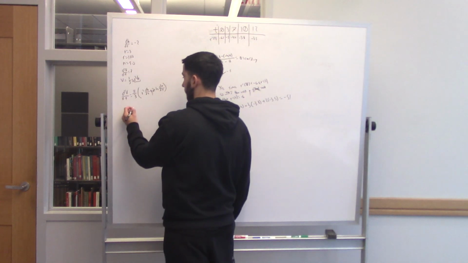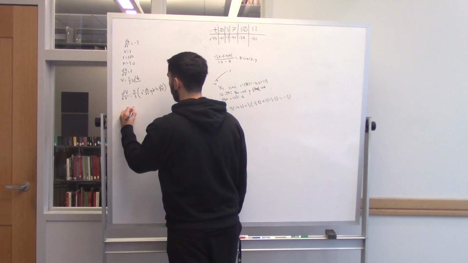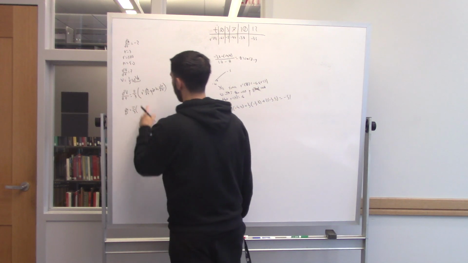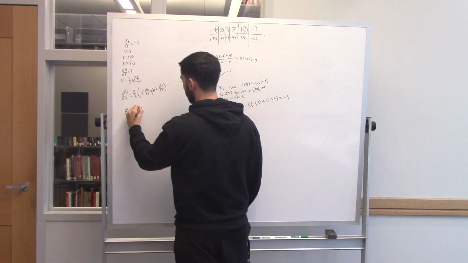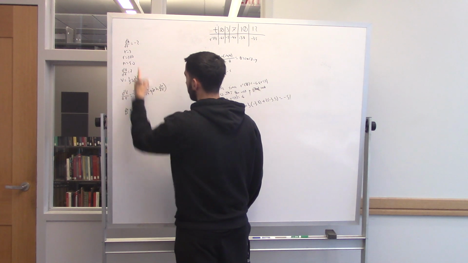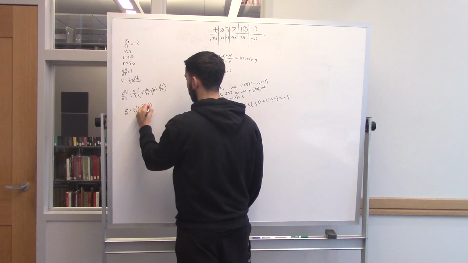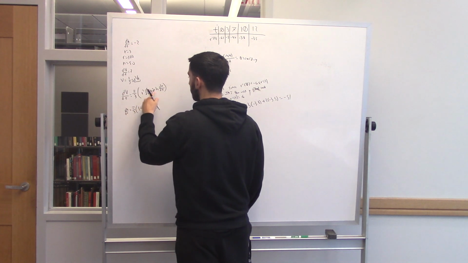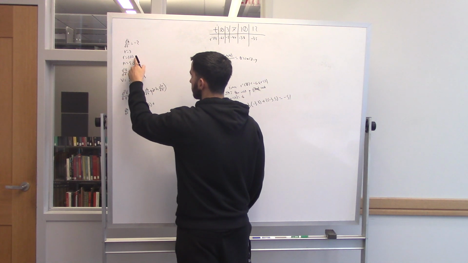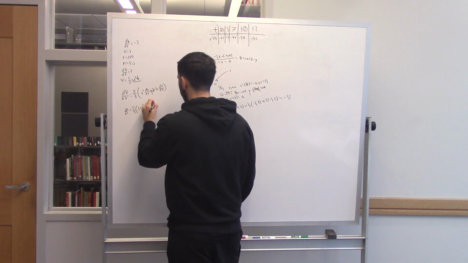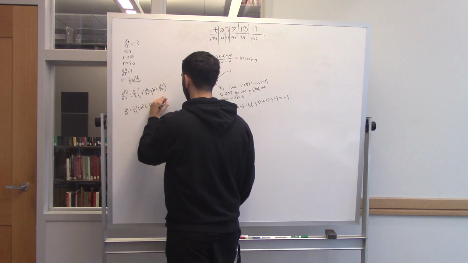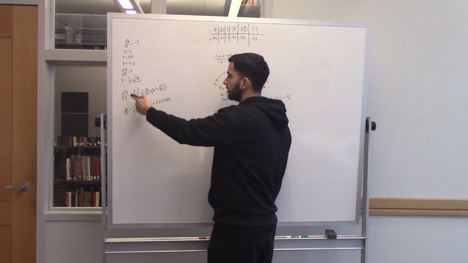Right, so we're going to have dV/dt equals pi over 3 times r squared, 100 squared, times dh/dt, negative 2, plus 2rh, 2 times 100 is 200, times 50. But wait a minute, we don't have dr/dt, they didn't tell us it.